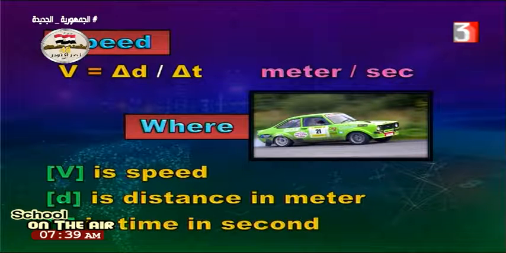To convert between these measuring units, for example kilometer per hour to meter per second, we know that 1 kilometer equals 1000 meters, 1 hour equals 60 minutes, and 1 minute equals 60 seconds.